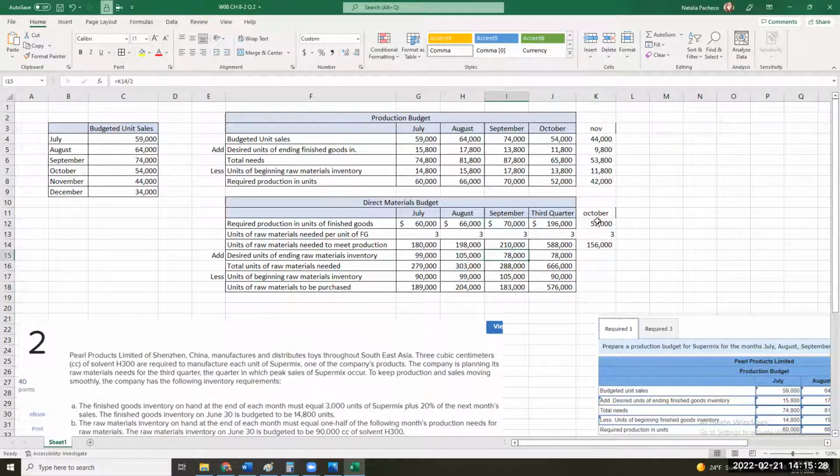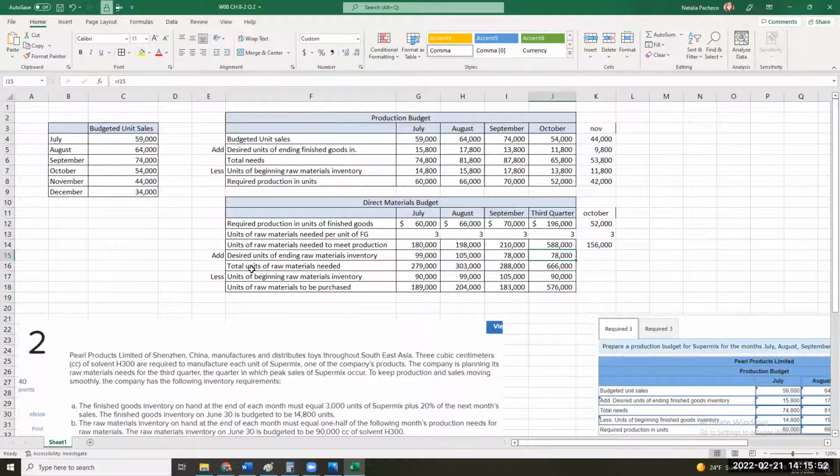And this is why I added October right here, so we're going to use October divided by 2. And then the desired ending raw materials inventory for the total third quarter is going to be the same as September, because that's when the quarter finishes.